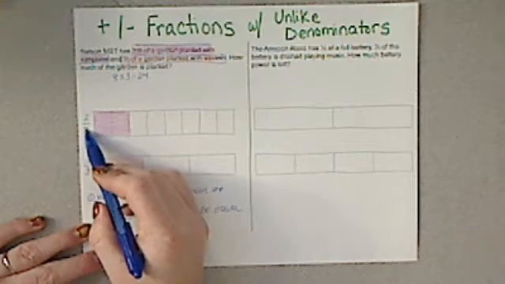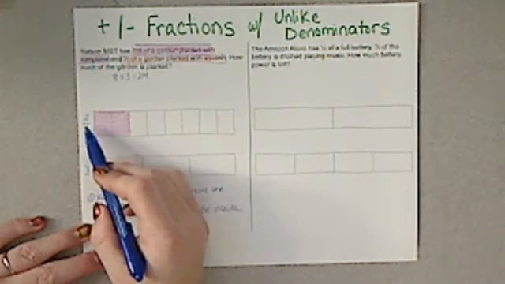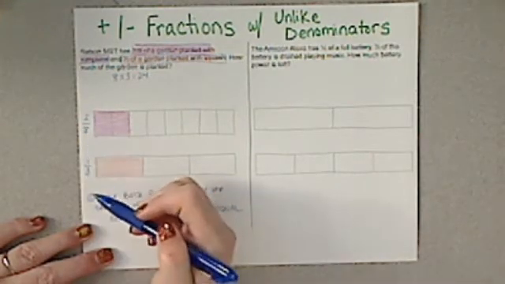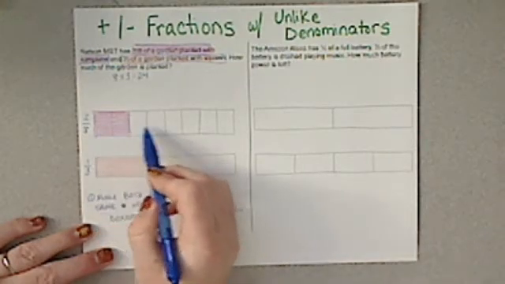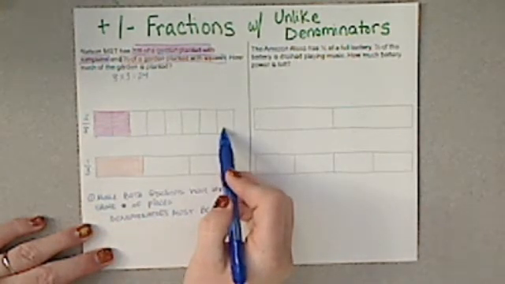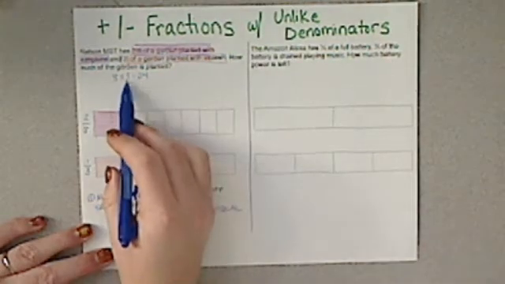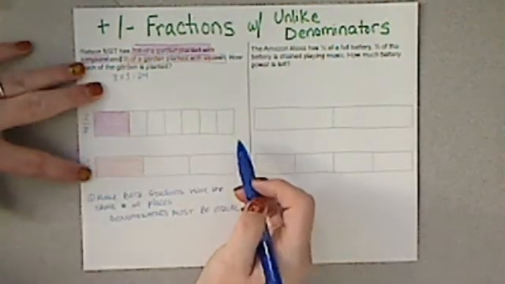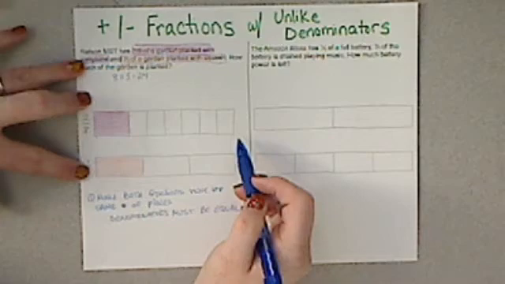For this fraction, I know that 8 times 3 equals 24. So each of these boxes of my fraction bar, I need to split into 3 pieces. I like to think of these as multiplication arrays.